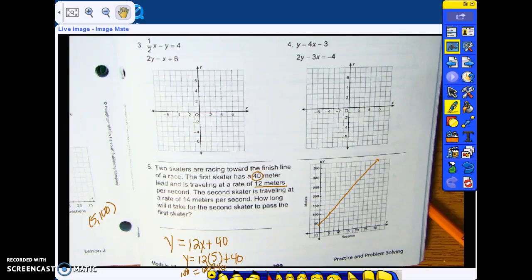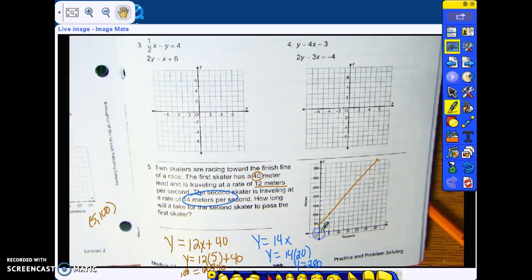And that'll give me a pretty good graph. As long as I have 2 points, I can graph. The second skater is traveling at a rate of 14 meters per second, so y equals 14x. Again, we want to plug in a number, so we can plug in 20. And we'll get y equals 280.